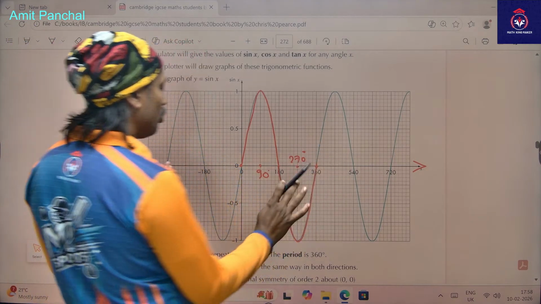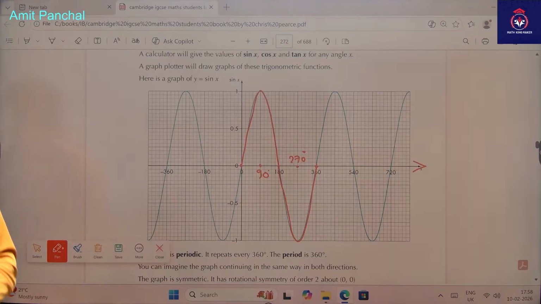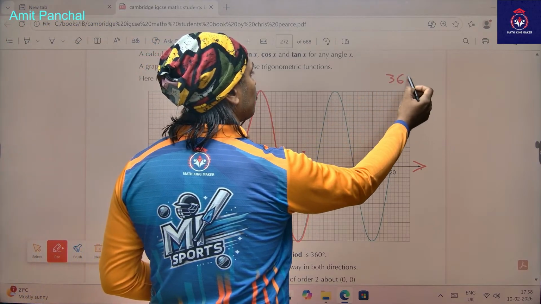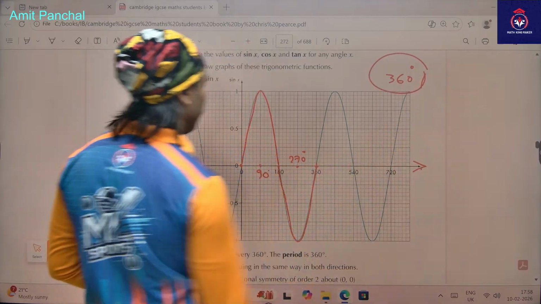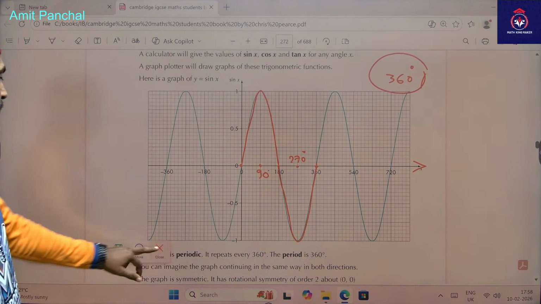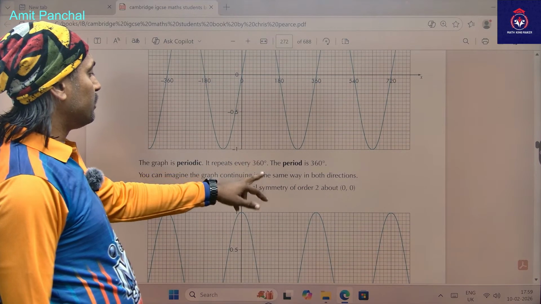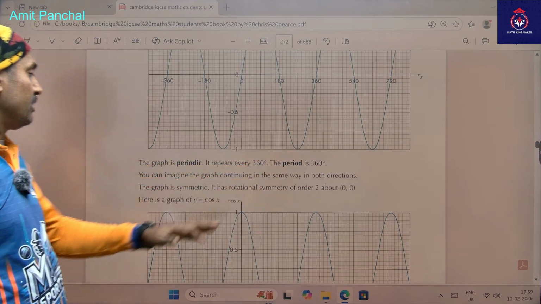So what is its period? Period means it starts again with the same thing. So 360 degrees is the period of the sine function. The graph is periodic, it repeats every 360 degrees.